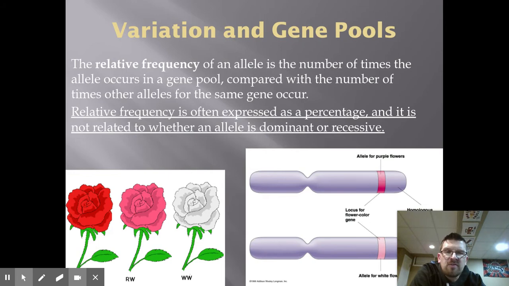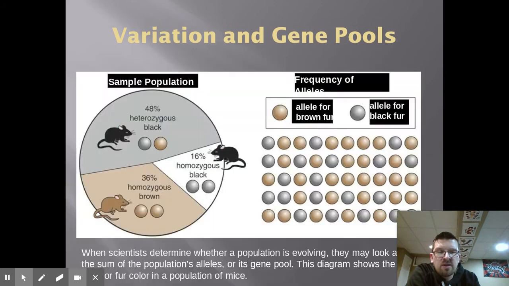And since this is expressed as a percentage, it's not related to dominant or recessive. We talked a lot about, for example, polydactyly and having more than five fingers or toes. The reason why that is the dominant trait, but not the most commonly seen, is because it is not common in the gene pool. So this idea of relative frequency is really important because this is how we define evolution.